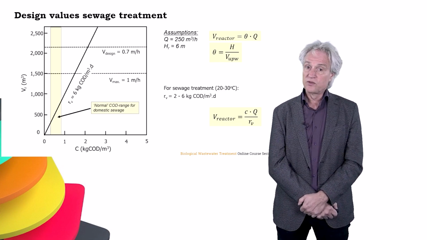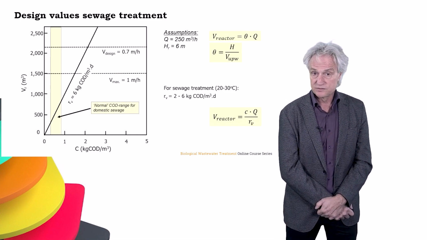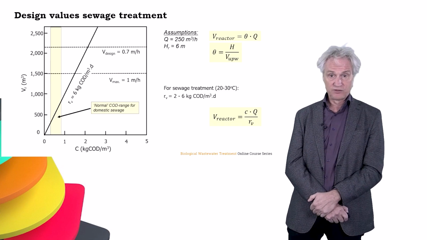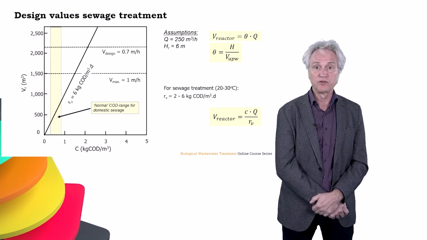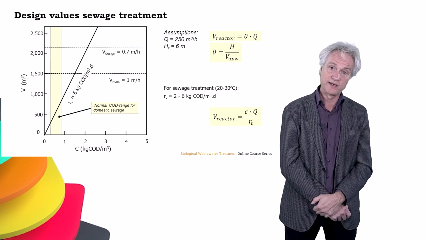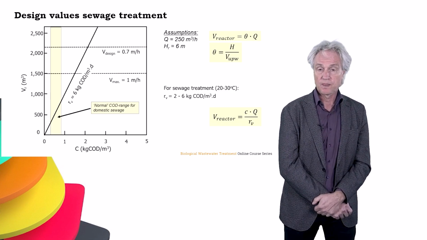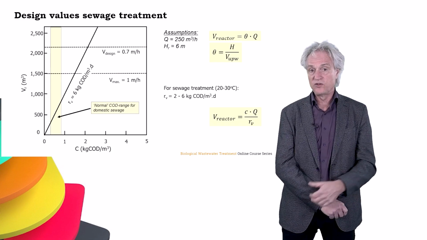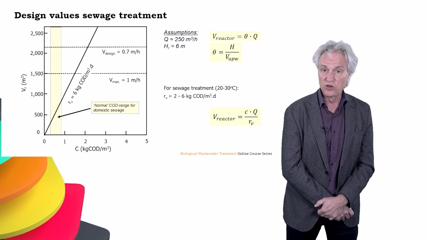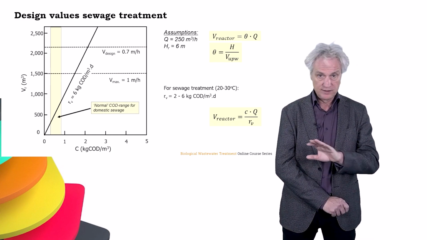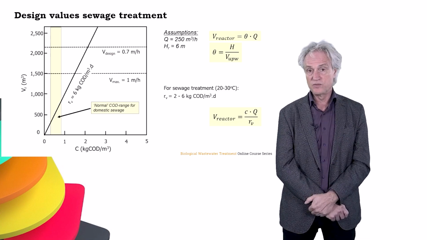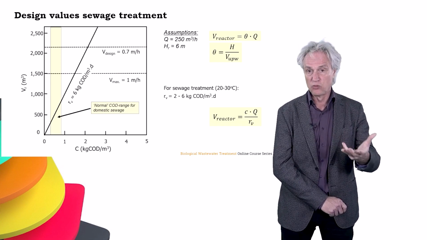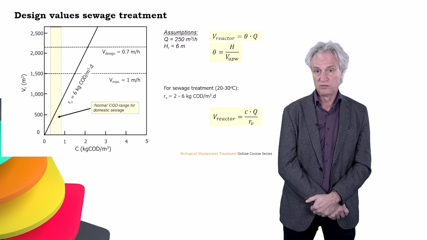Now, if you start with a loading rate of 6, and let's say we start with 2.5 kilograms COD, we follow that line. If we come to the normal COD range for domestic sewage, we see that this loading rate will never be attained in a sewage treatment reactor, since the entire volume is completely determined by the maximum upflow velocity.